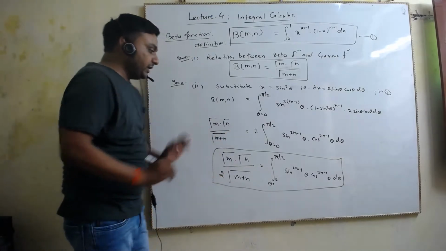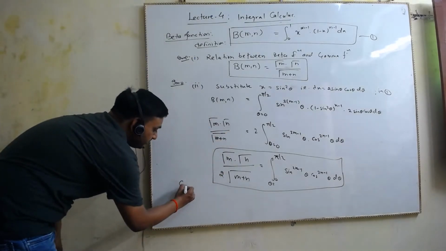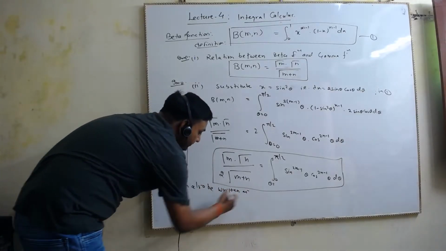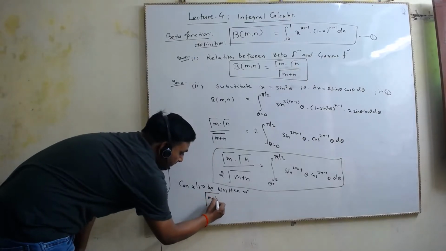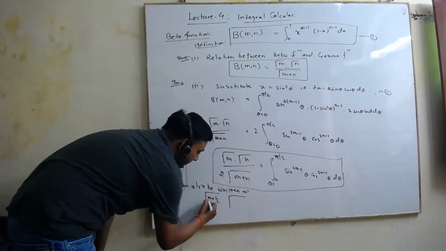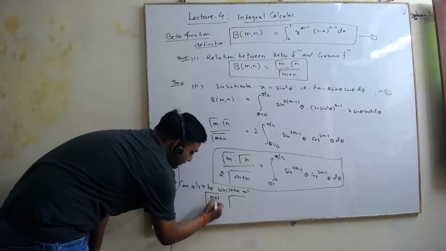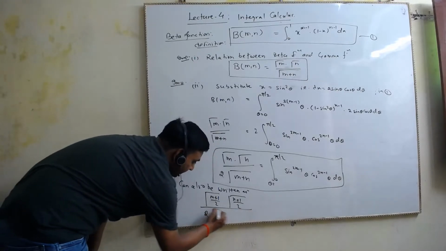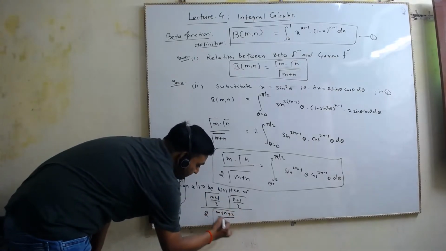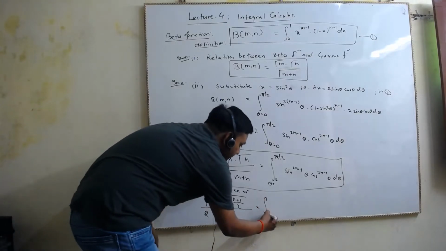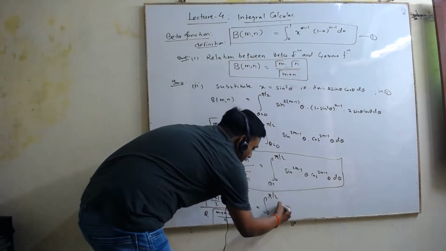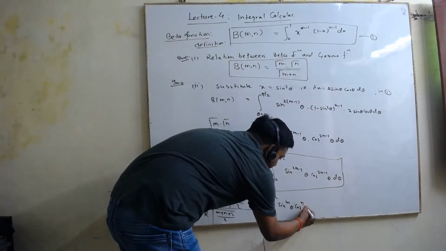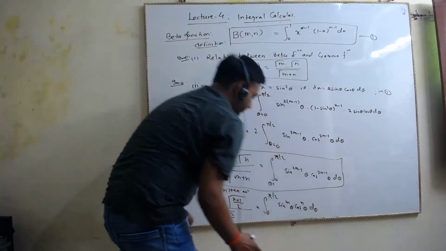Fair? Moreover, this formula can also be written as gamma m plus 1 by 2, gamma n plus 1 by 2, divided by 2 gamma m plus n plus 2 by 2, equals integral 0 to pi by 2, sin power m theta cos power n theta d theta.